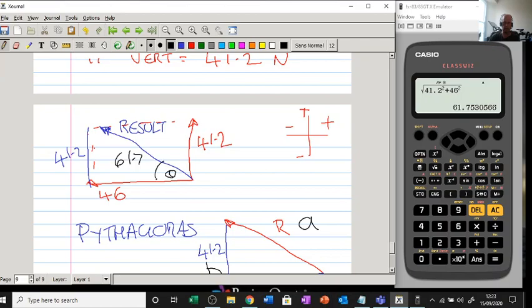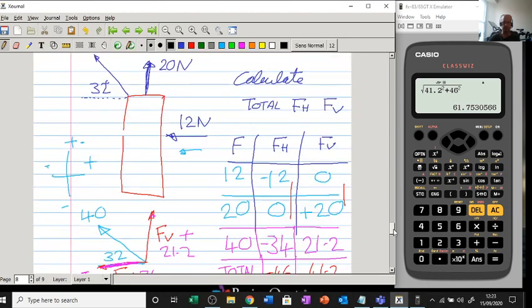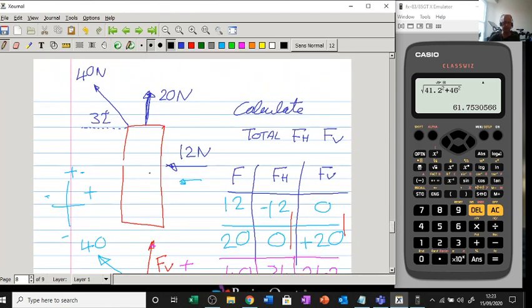So 61.7. What that really means is that after all those forces, this thing is going to go up like that, something like that, at 61.7 at a certain angle, which we don't know yet.